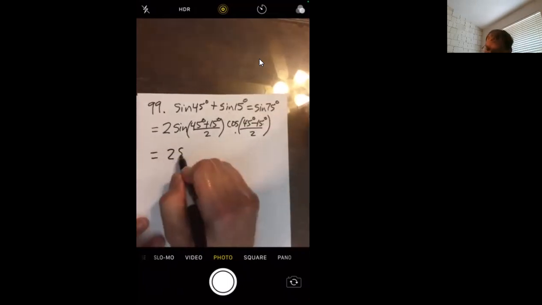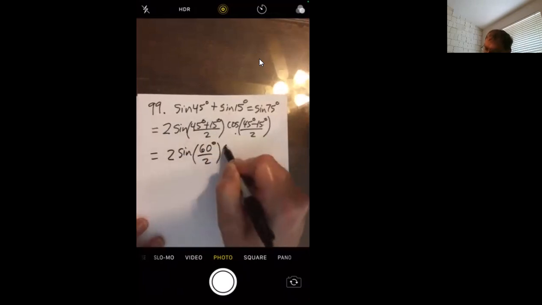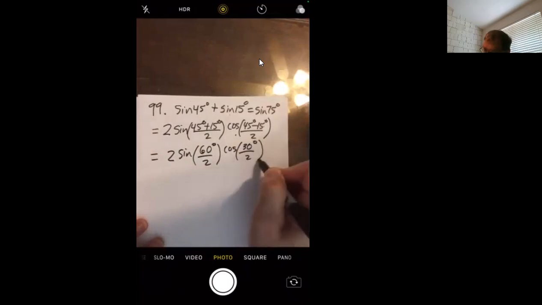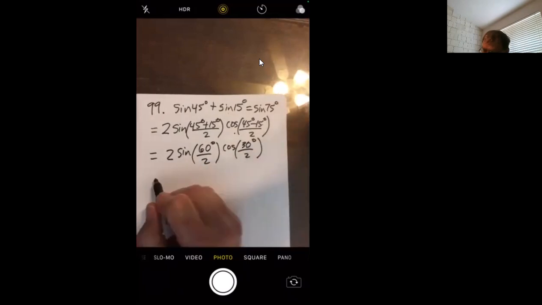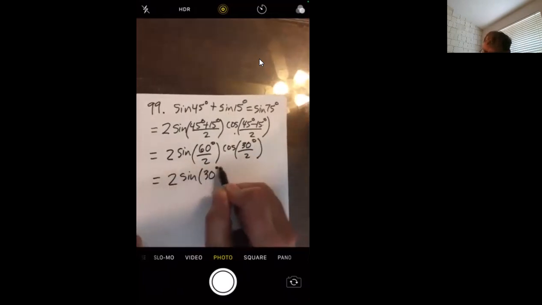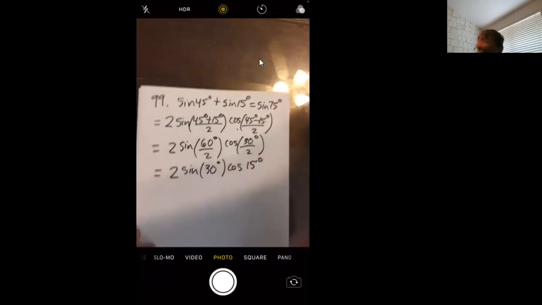That's twice sine of 60 degrees divided by 2, cosine of 30 degrees divided by 2. This is going to give you twice a sine of 30 degrees cosine of 15 degrees.